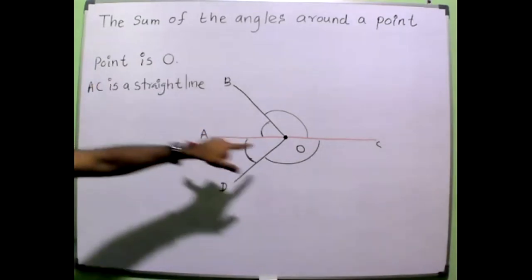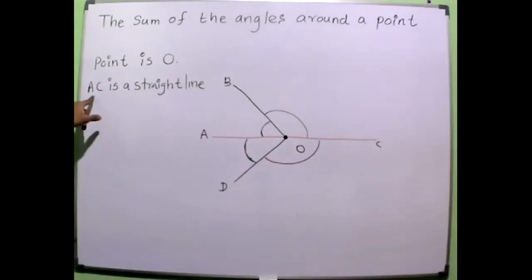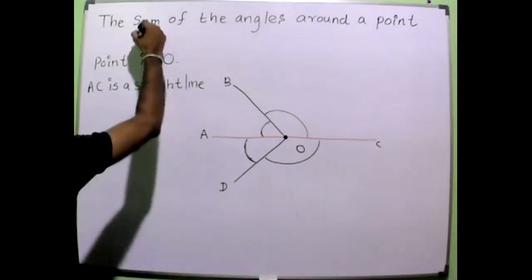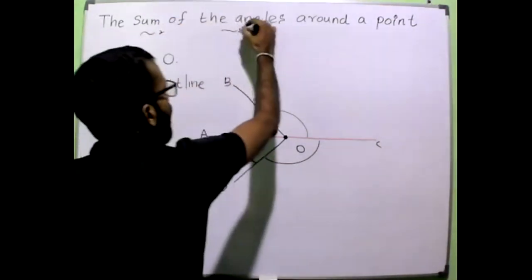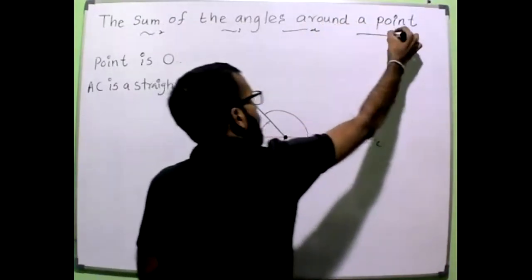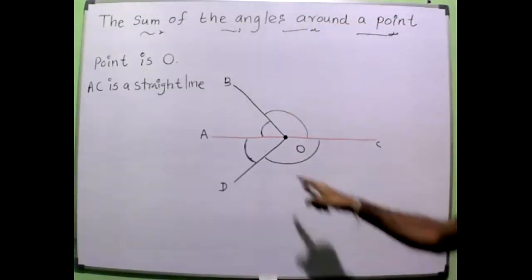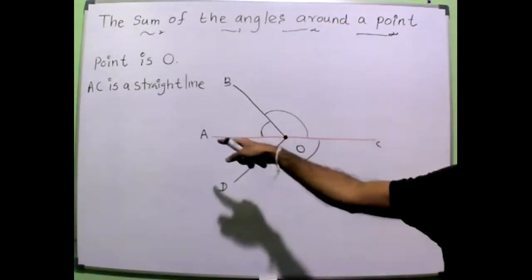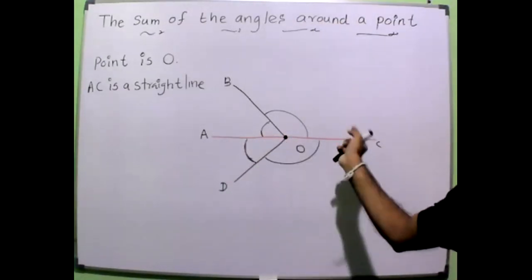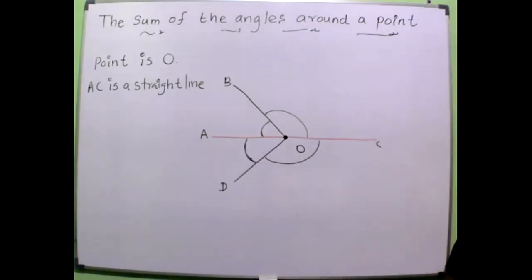Point is O, the common point. AC is a straight line. This is the subtitle. And please draw this AC straight line in a different color, red or black or whatever. Then I will discuss the rest.